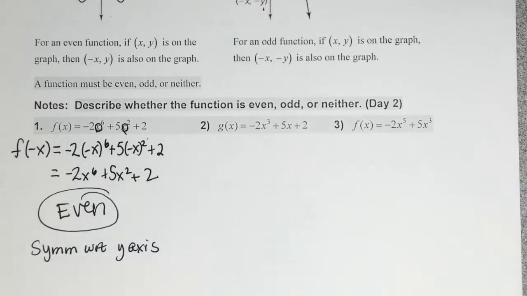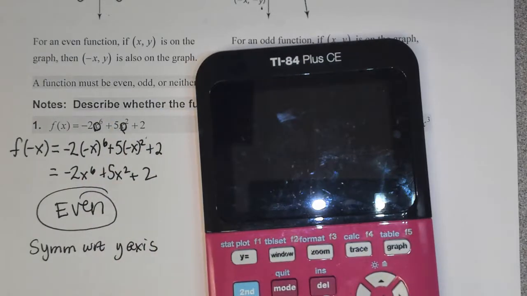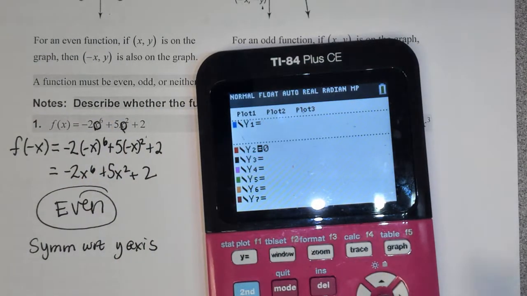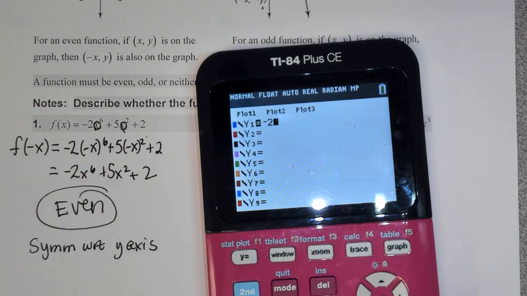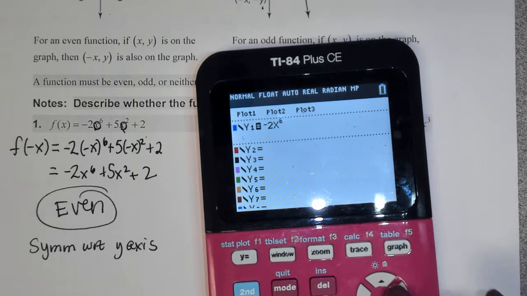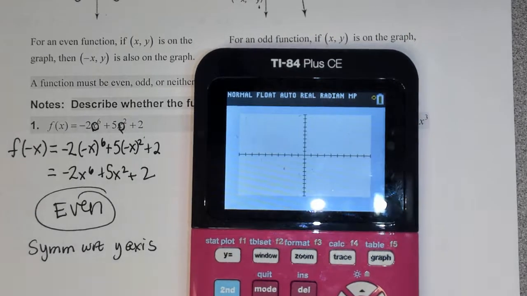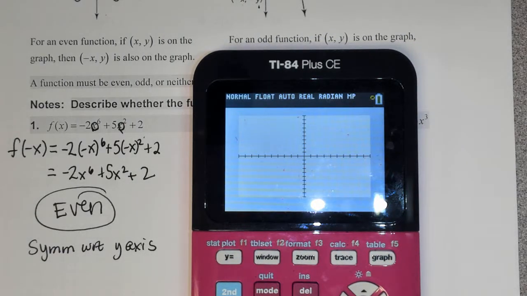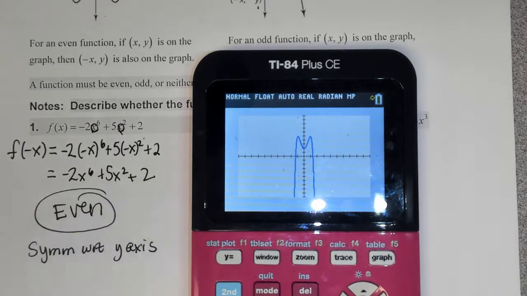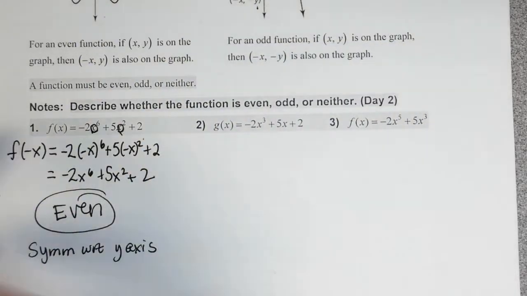So if I were to graph that function, I'm just going to do it real quick just to show you. If I put that in, it should be symmetric with respect to the x-axis. See how it is symmetric with respect to, I'm sorry, did I say x-axis? I hope I said y, because y is what I meant.